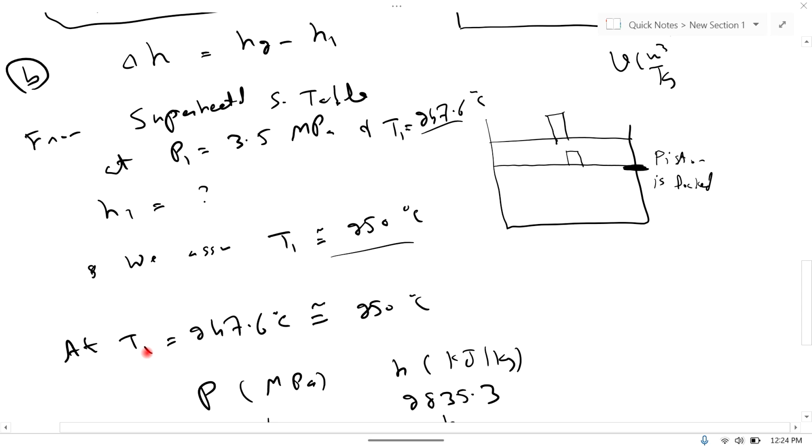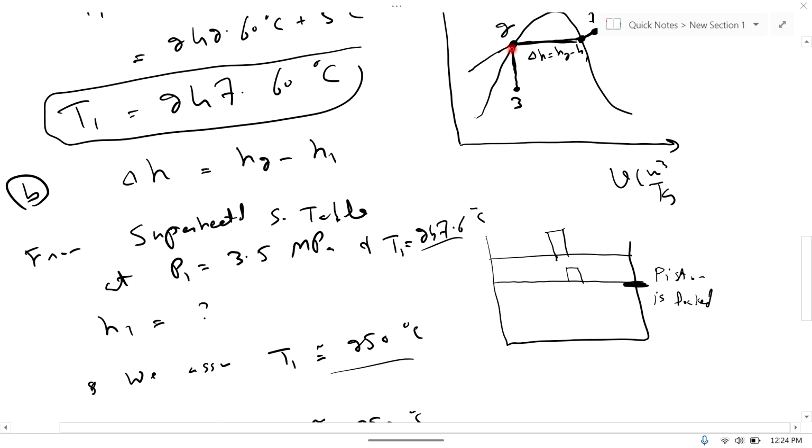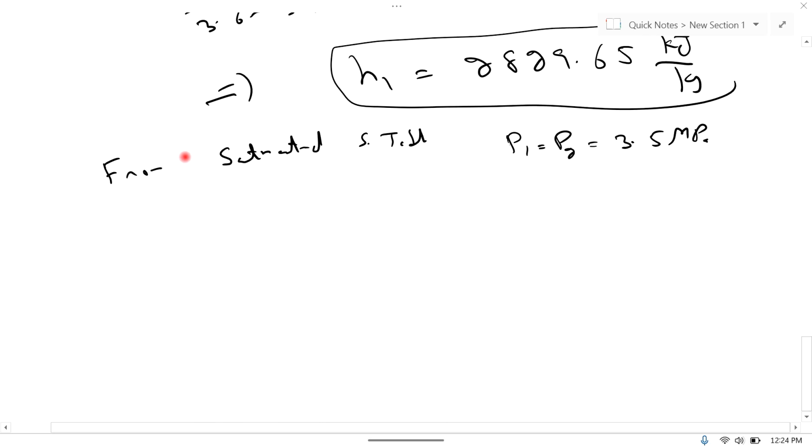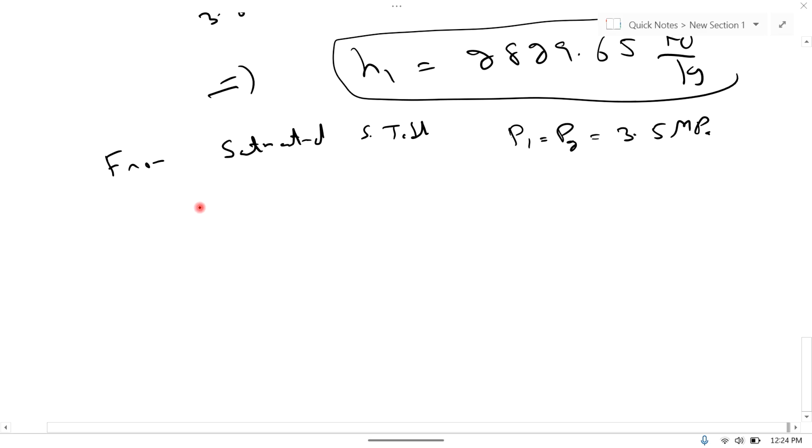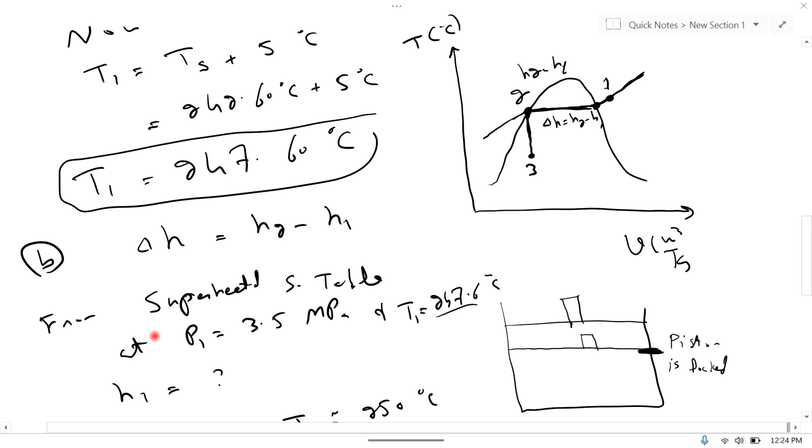From point 1 to point 2 pressure will be constant. So at this point H2 is equal to HF, and V2 is equal to VF.